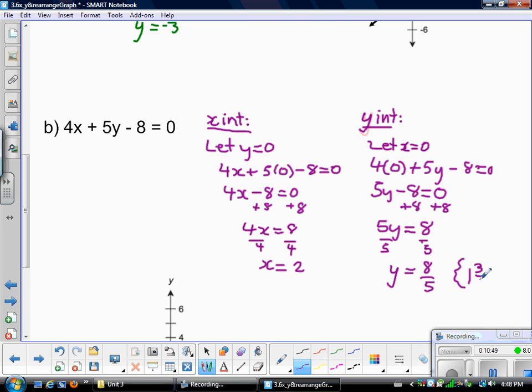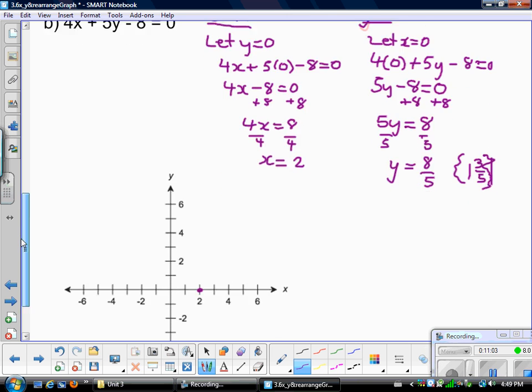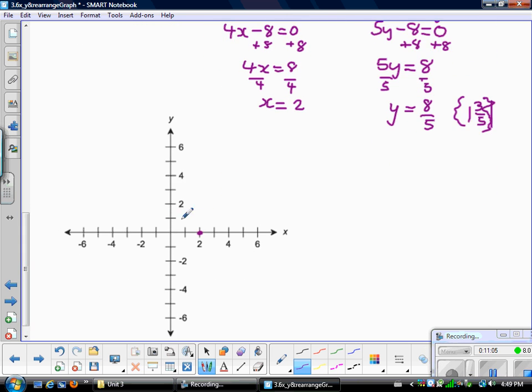Even 3/5 is going to be difficult for us to graph. I'm putting a squiggly line there, but it doesn't like to squiggle. So along the y-axis, we want 1 and 3/5, which is roughly there. So you can see with this method, sometimes when it's a fraction, it's a little bit harder to graph.